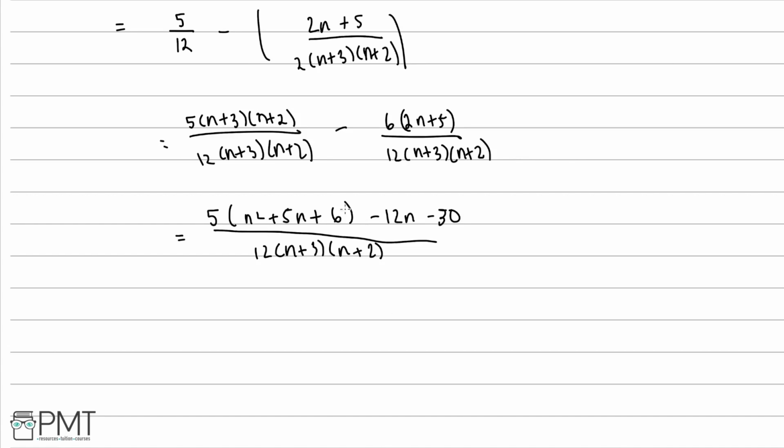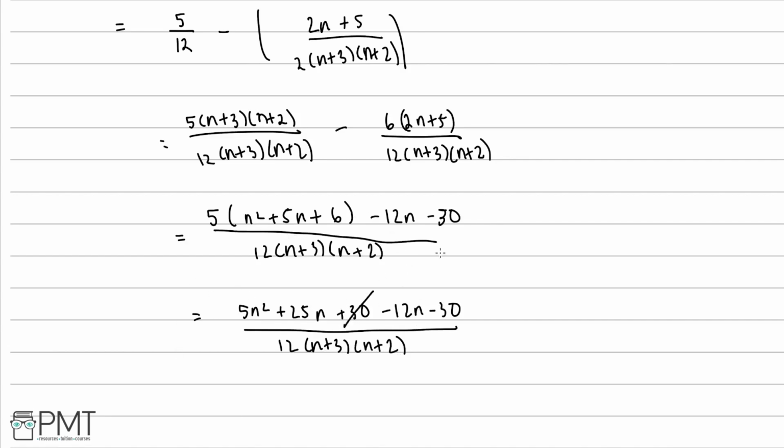We can simplify this even further by expanding out the 5 into the quadratic we have in the bracket. So we have 5n squared plus 25n plus 30 minus 12n minus 30 all over 12 times n plus 3 times n plus 2. And finally, we can simplify the numerator even further by noticing that there is a plus 30 over here and a minus 30 over here, and 25 minus 12 will be positive 13.